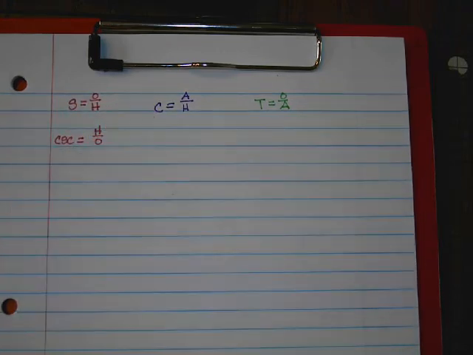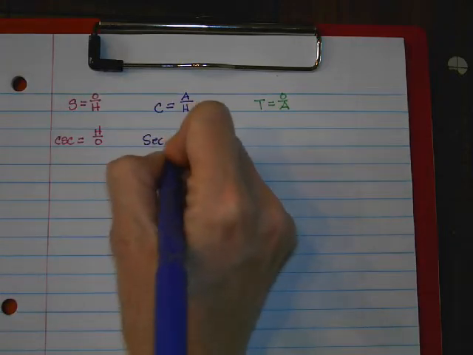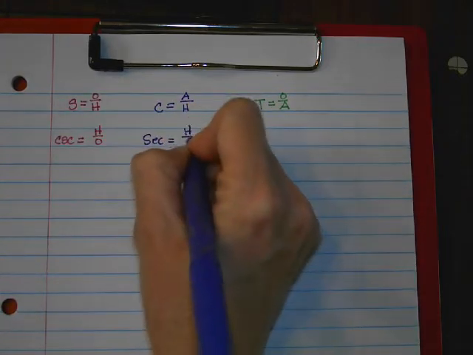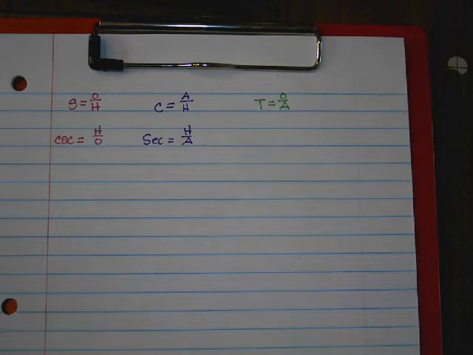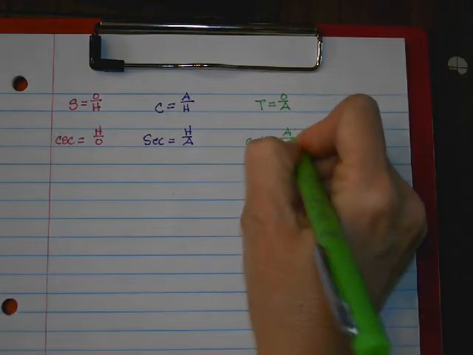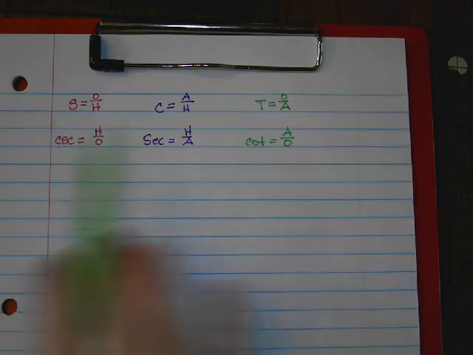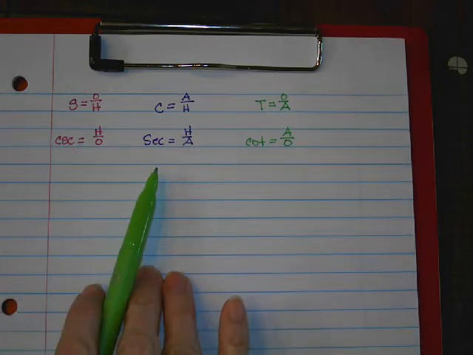The ho ha, then our ao. All right, so now we've got the sine and its reciprocal, cosine and its reciprocal, tangent and its reciprocal.